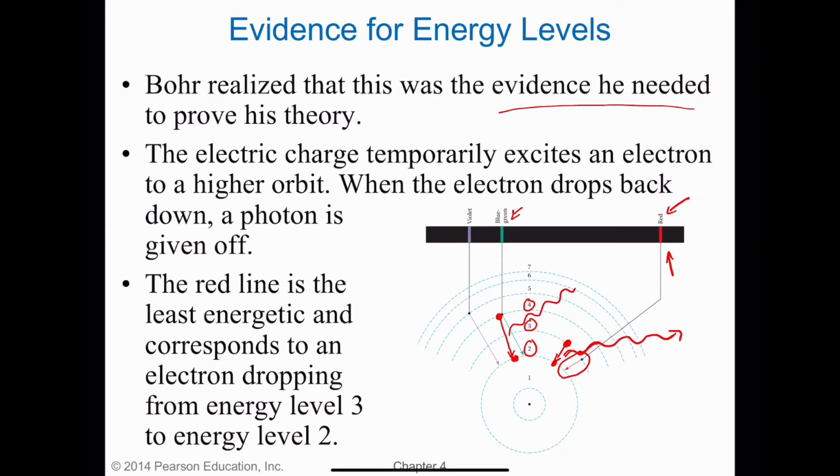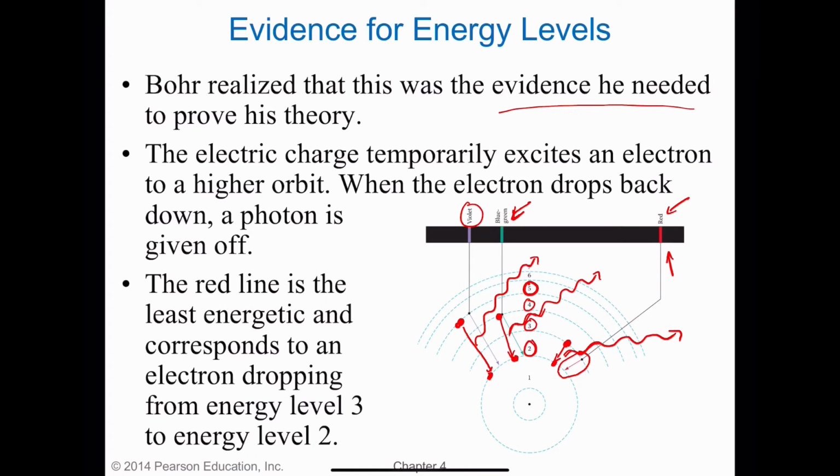Unfortunately, I can't change my color pen, but it's still going to emit some light, and the wavelength of that light happens to correspond to blue-green according to our eyes. And then violet, they're showing it going from level 5 to level 2. If you had an electron on level 5 and it fell down to level 2, going from a higher energy to a lower energy, the light that it gives off happens to look like a violet color to our eyes.